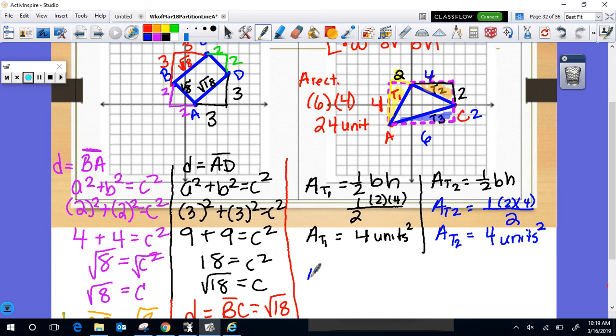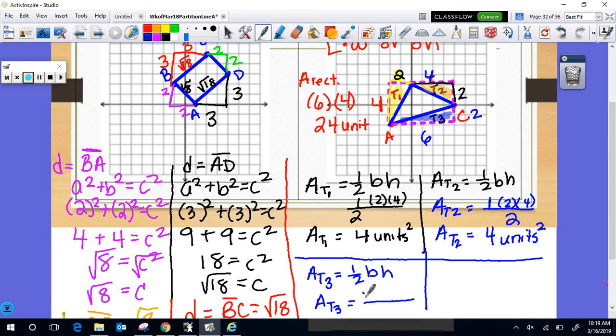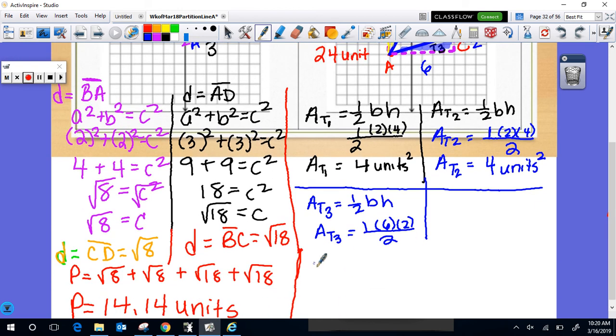So the area of triangle 3 equals the same 1/2 base times height. So area of triangle 3 equals 1/2 times 6 times 2 divided by 2. So you get the area of triangle 3 is 12 divided by 2, which is 6 units squared.